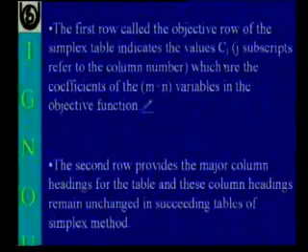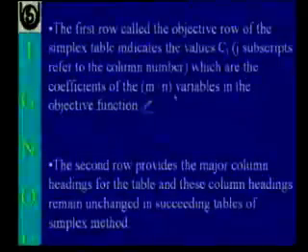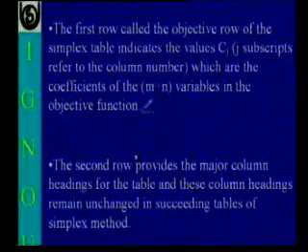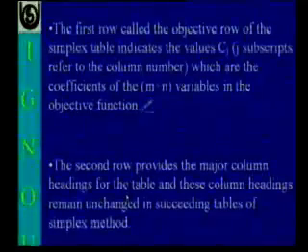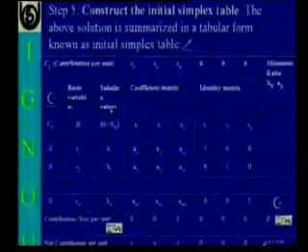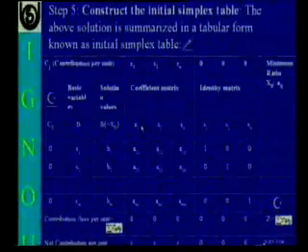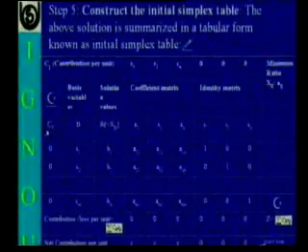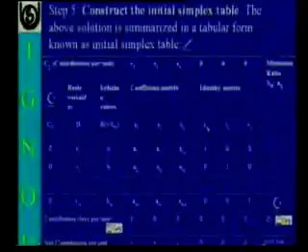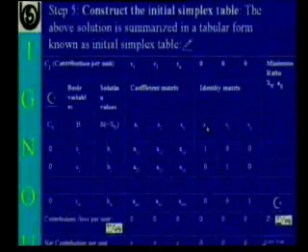It indicates the values of Cj, which refer to the column numbers, the coefficients of the m plus n variables. The second row provides the major column headings, and these headings do not change. That means basic variable, solution, coefficient matrix, identity matrix. Similarly Cb, B, x1, x2, xn, s1, s2, s3. These names do not change throughout our problem solution.